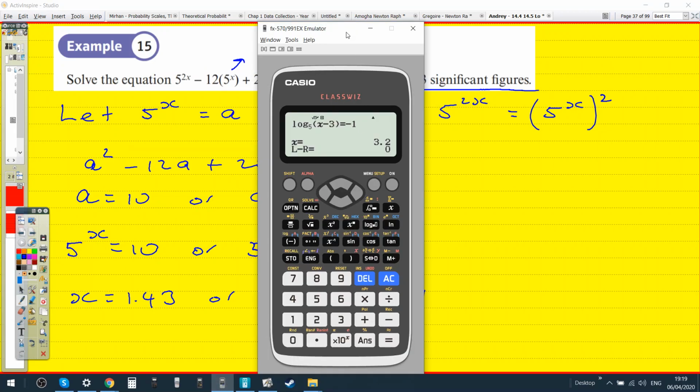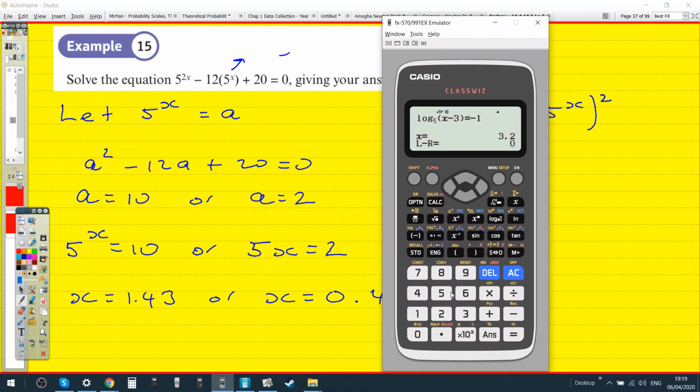My instinct would be, right from the start, to say 5 to the power of 2x minus 12, to the power of x. So just as closely as I can, just copy the question.